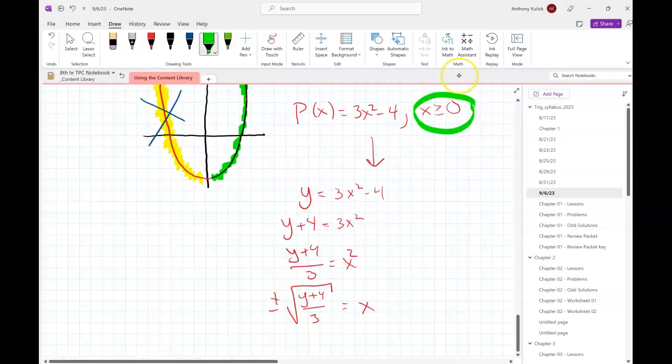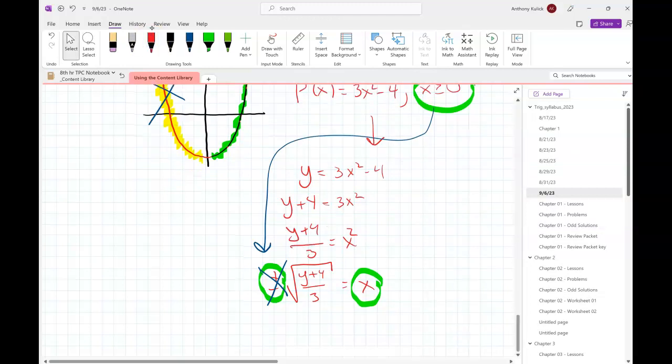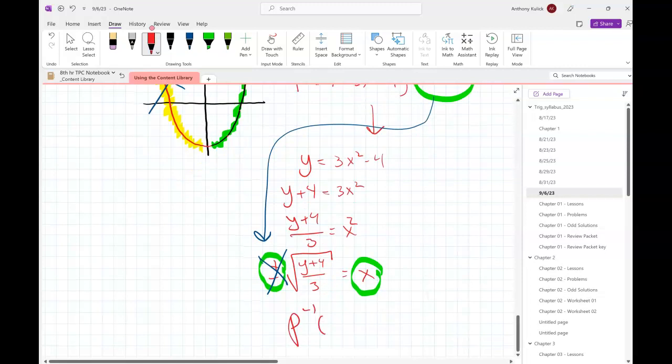Notice here, this P of x, our x is greater than or equal to 0, right? Here we have x equals. This is the x from P of x. This has to be greater than or equal to 0. But we're told this x is equal to something plus or minus. Can that happen if it's greater than or equal to 0? Can it be minus? No. So that greater than or equal to 0 allows me to dump the plus or minus. And that then ensures that P inverse is a function.